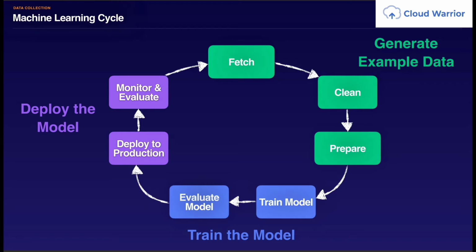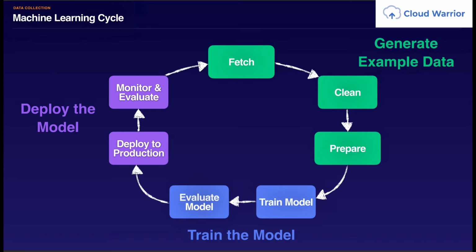After that, we want to see our model in action. So, we will talk about deploying our model to production and how to monitor and evaluate our model. After our model is in production, we can use the results to feed back into our model, and so the iterative process continues.